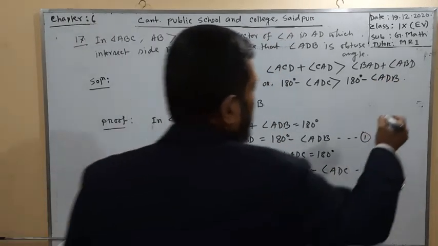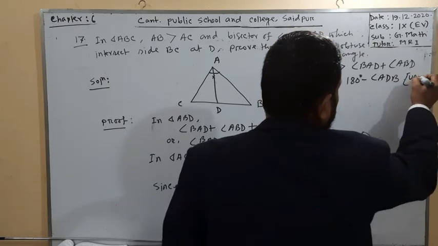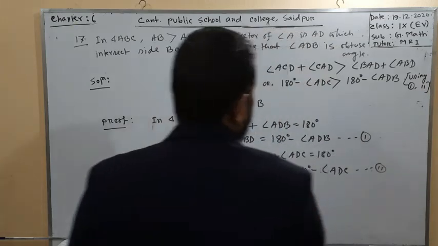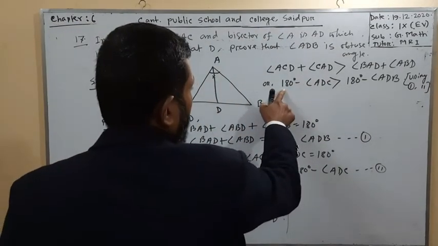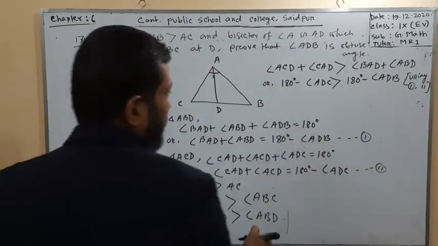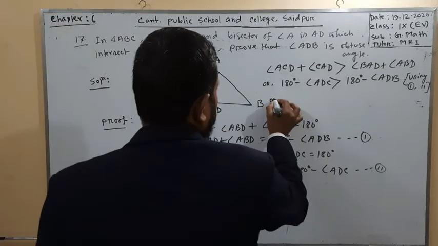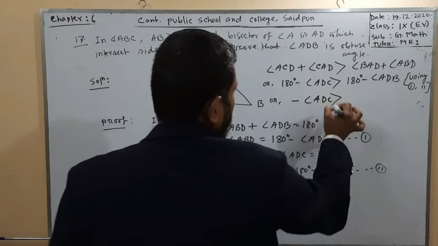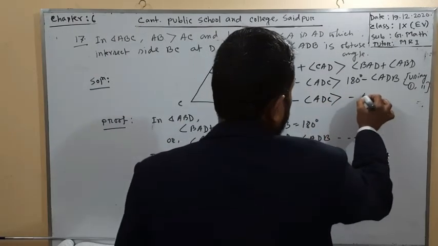Using equation 1 and 2, here 180 and 180, these two are equal. We can omit them on both sides, then we get minus angle ADC is greater than minus angle ADB.